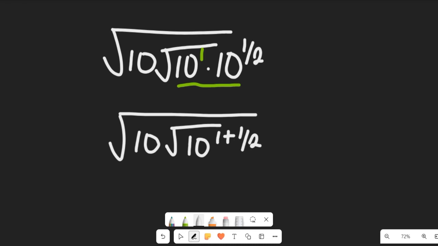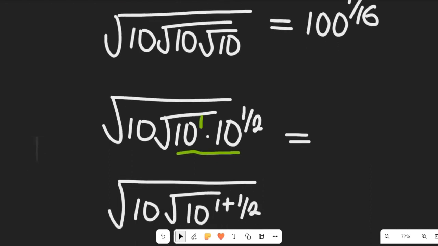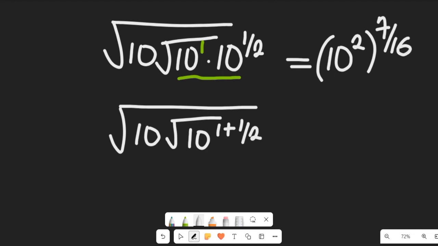So if we simplify that, remember this will be equal to, we have to reduce this. That expression is formally 10 to the power of 7 divided by 16. So reduce this to become 10 to the power of 2, right? All multiplied by 7 divided by 16.